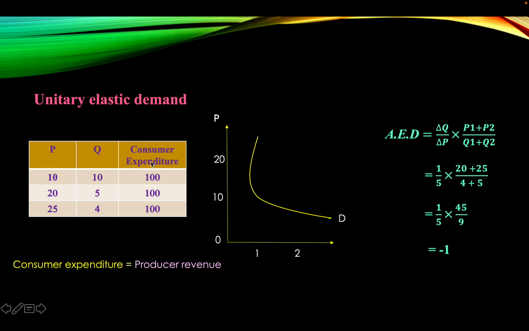So consumer expenditure in the unitary elastic case is the same at each price. And you know the consumer expenditure is equal to the producer's revenue. That means the consumer's expenditure is the producer's income. So both are equal.